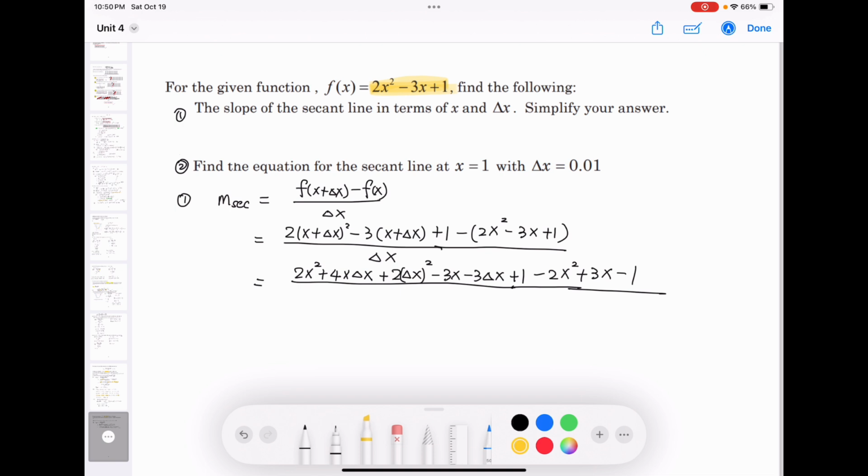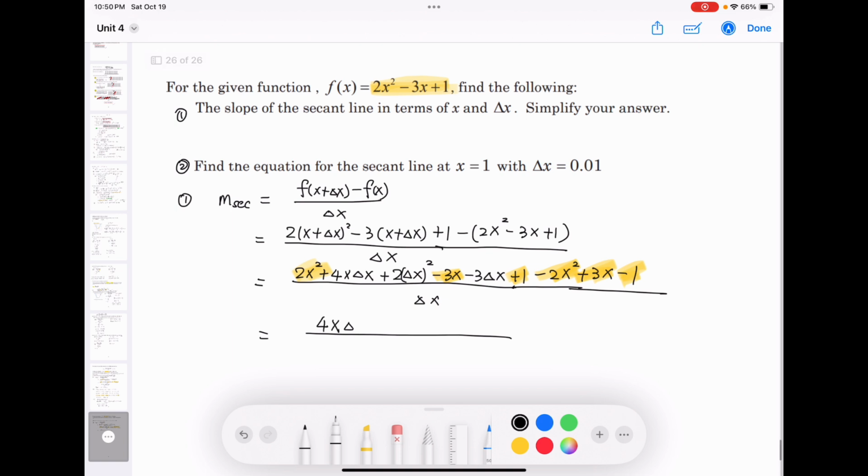Let's combine like terms: 2x squared minus 2x squared, plus 1 minus 1, and minus 3x plus 3x. So the top is 4x delta x plus 2 delta x squared minus 3 delta x, over delta x. The top and bottom all have the factor delta x, so we have 4x plus 2 delta x minus 3.